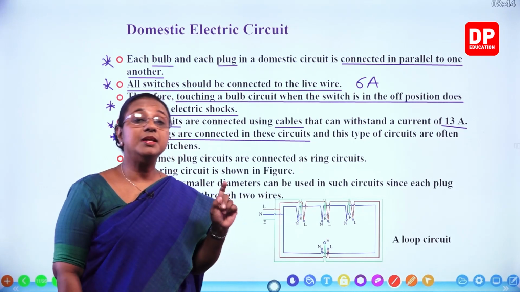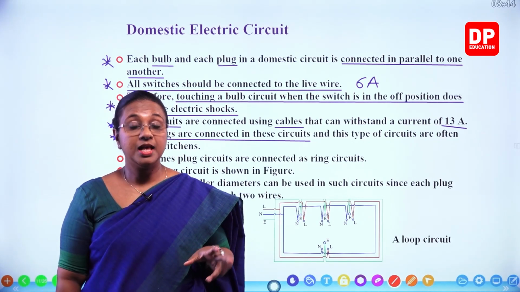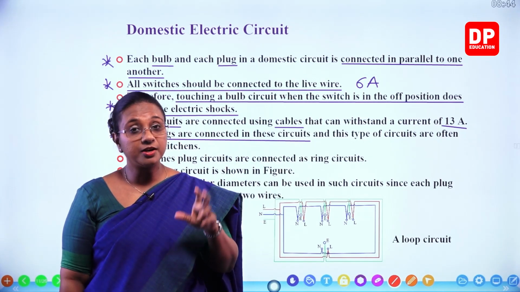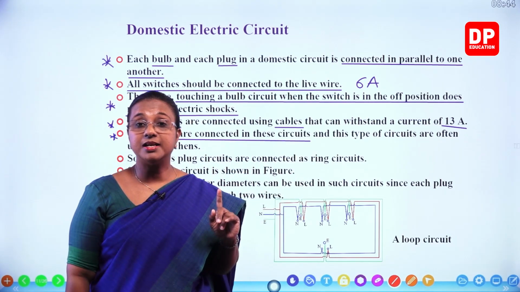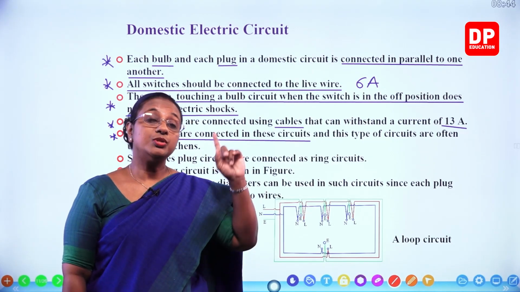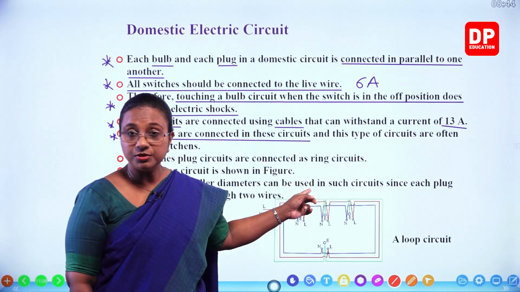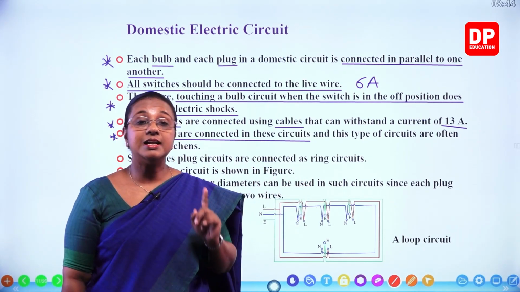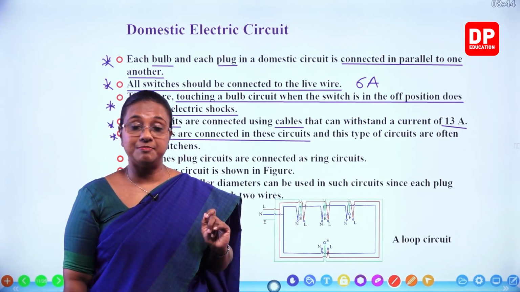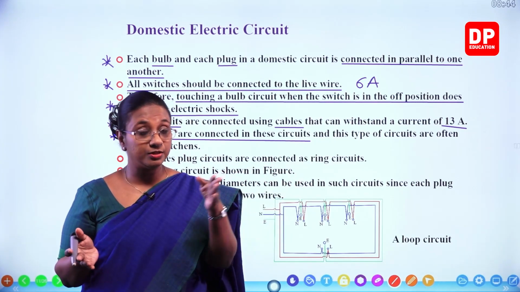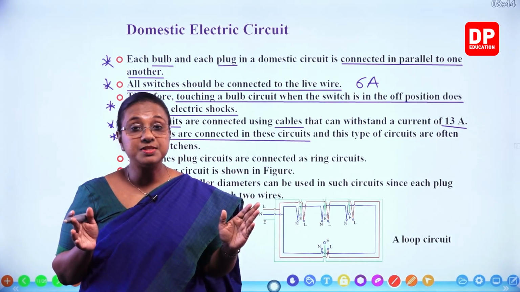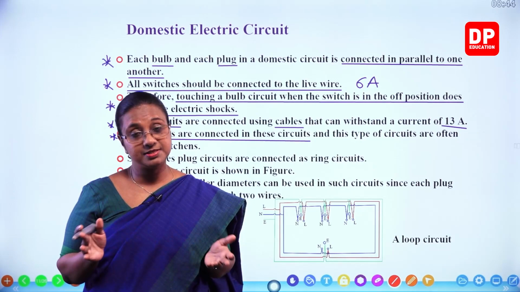So what will happen if you connect a light bulb? A light bulb draws a current of only 6 amperes. Here the maximum current is 13 amperes. So the MCB corresponding to the plug circuit will allow a current of 13 amperes. Even if about 10 amperes is flowing through the light bulb, the MCB will not disconnect the power supply.